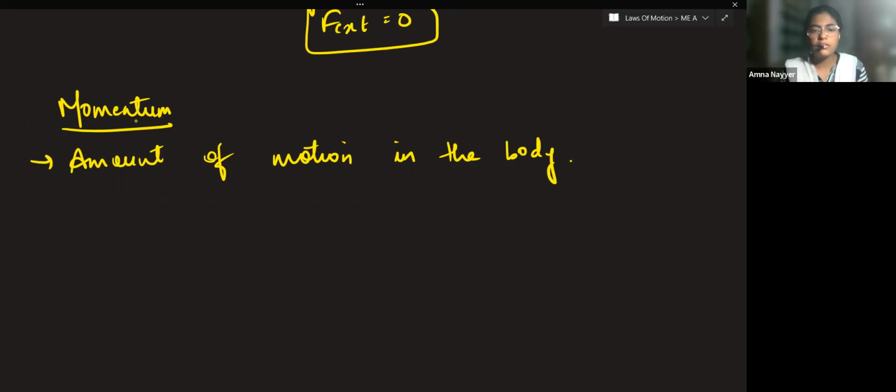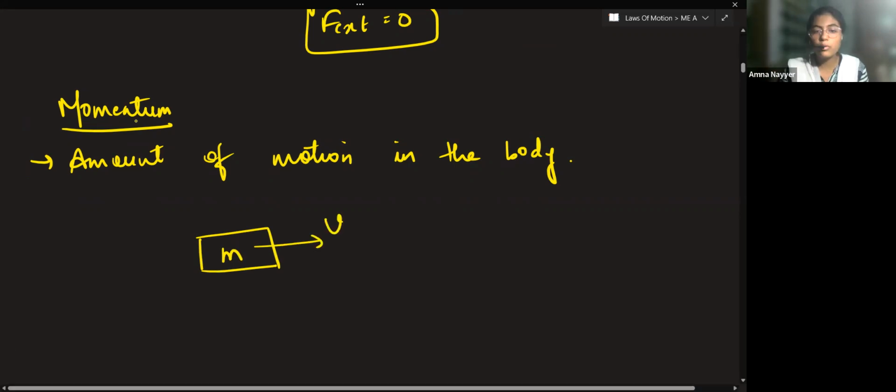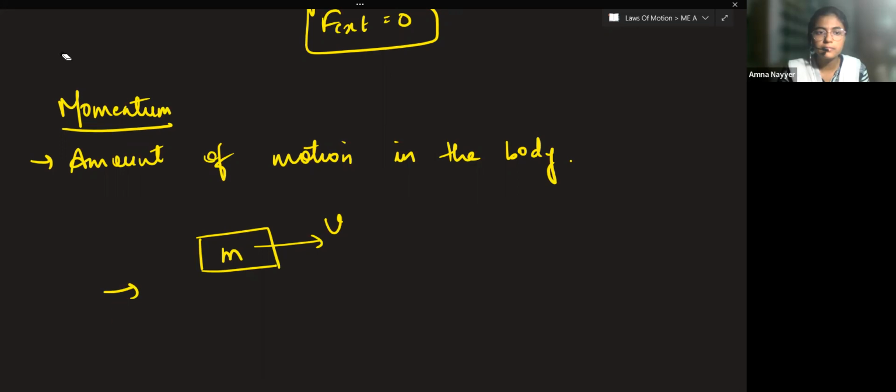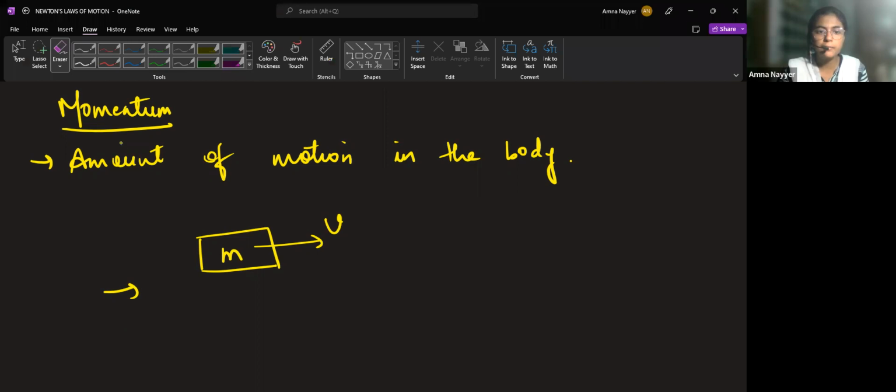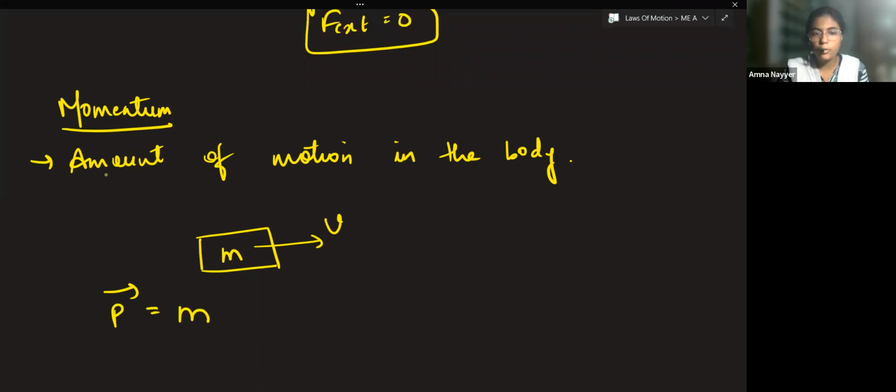Or you can also define it this way: a body is there whose mass is m, and it is moving with velocity v. Momentum is denoted by a capital P. Momentum is simply the product of mass into velocity.